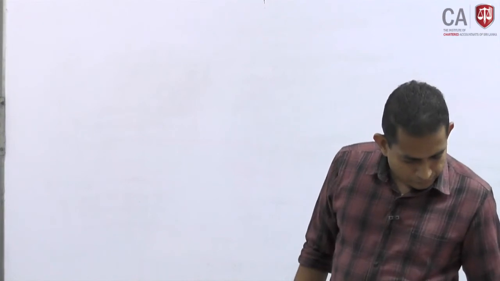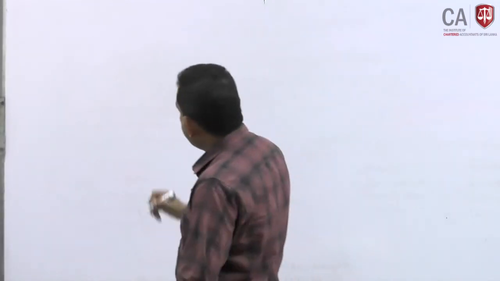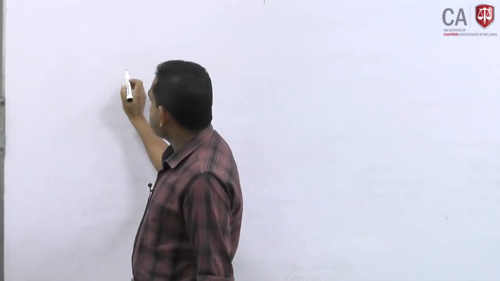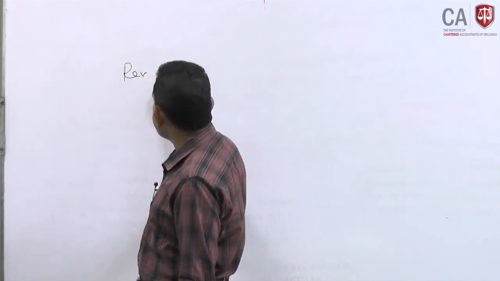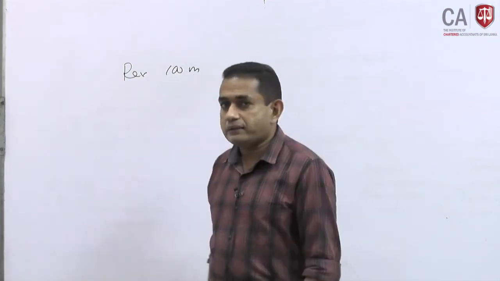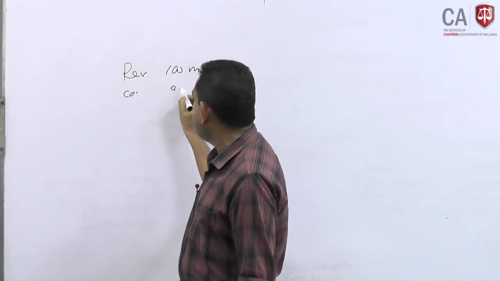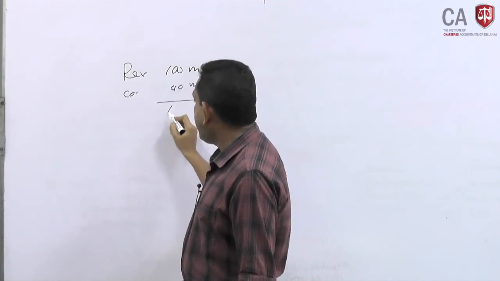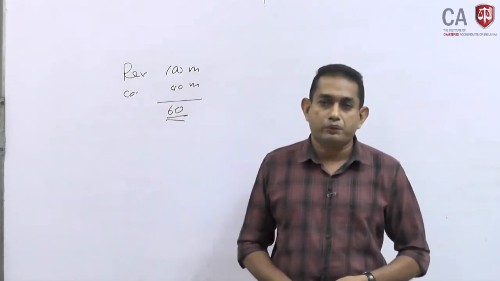Second one. Say my business earned a revenue of 100 million rupees. In earning that 100 million rupee revenue, I have incurred a cost of 40 million rupees, and my operations have earned me a profit of 60 million rupees.